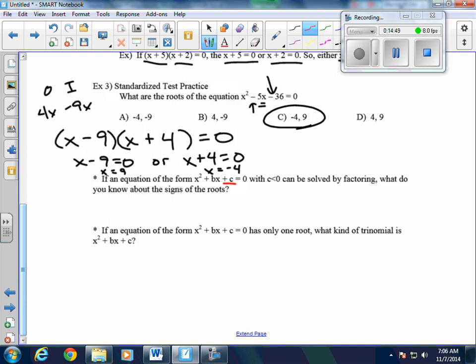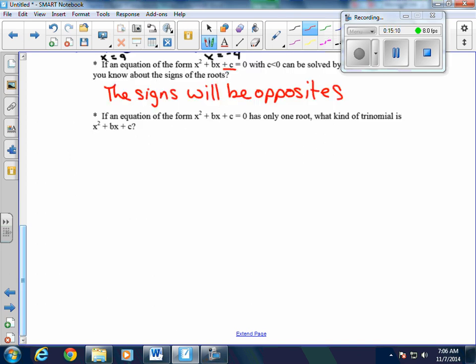Well, we know that the signs will be opposites. Because if that number is negative, we know that we have to have one of each. Because that's the only way we can get a negative product is if we take a negative number times a positive number. Two positives will give us a positive, and two negatives will give us a positive.